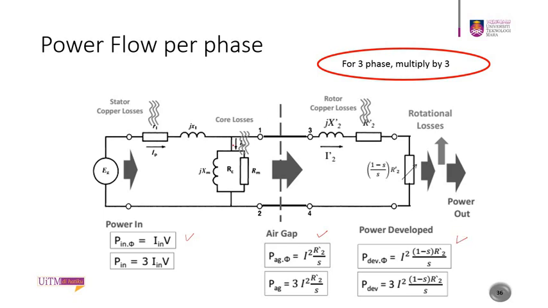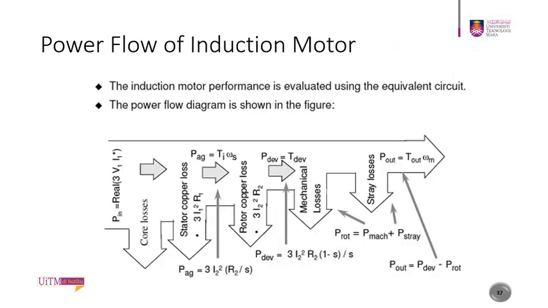The induction motor performance is evaluated using the equivalent circuit and the power flow diagram. From P in, subtract all the losses: stator copper losses, rotor copper losses, mechanical losses, and stray losses. Then you have the output.